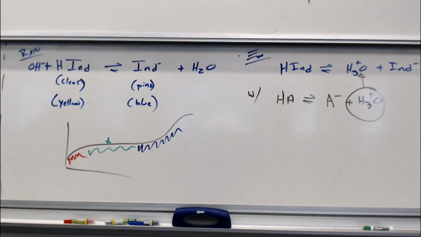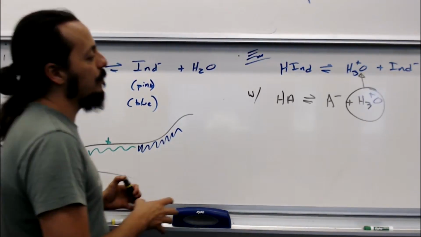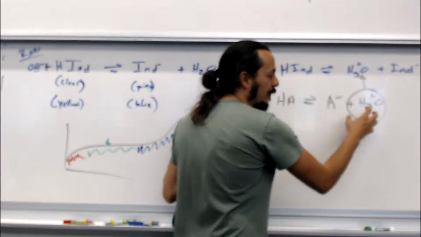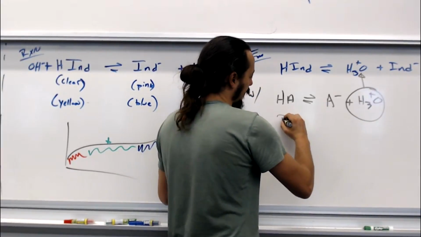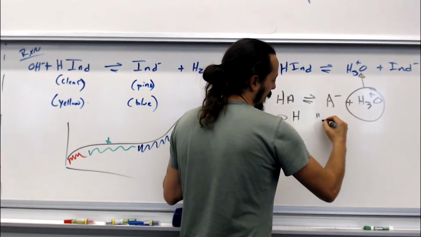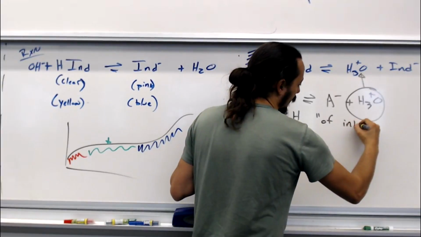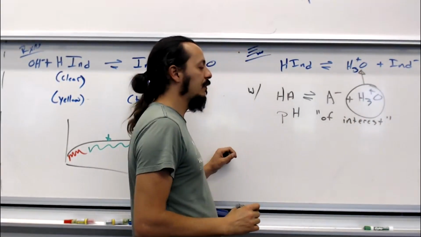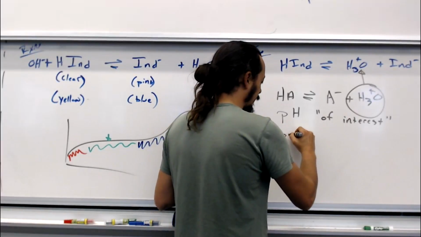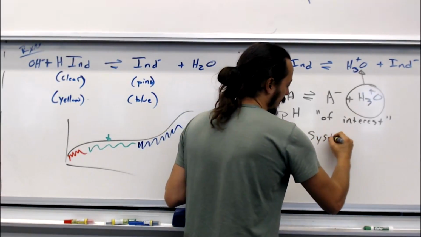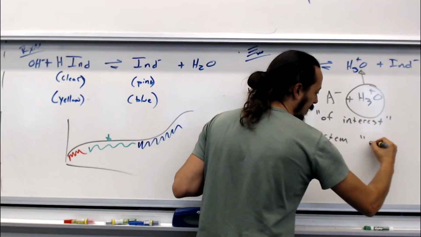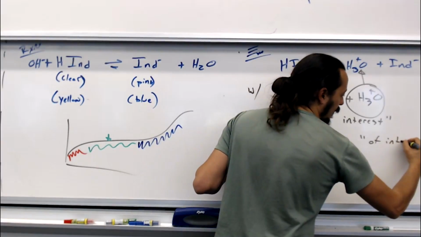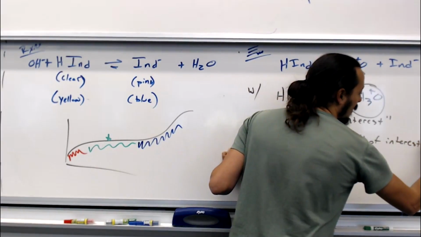We do this kind of indirect thing with indicators typically. This means that we pick the pH of interest from the system of interest, right?